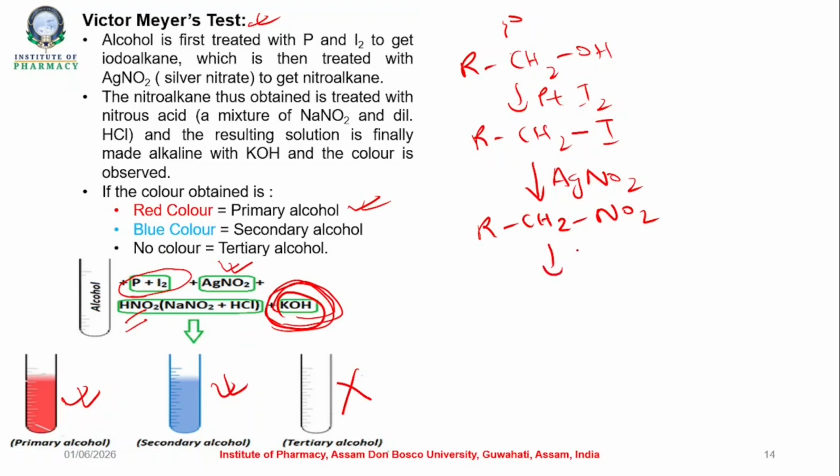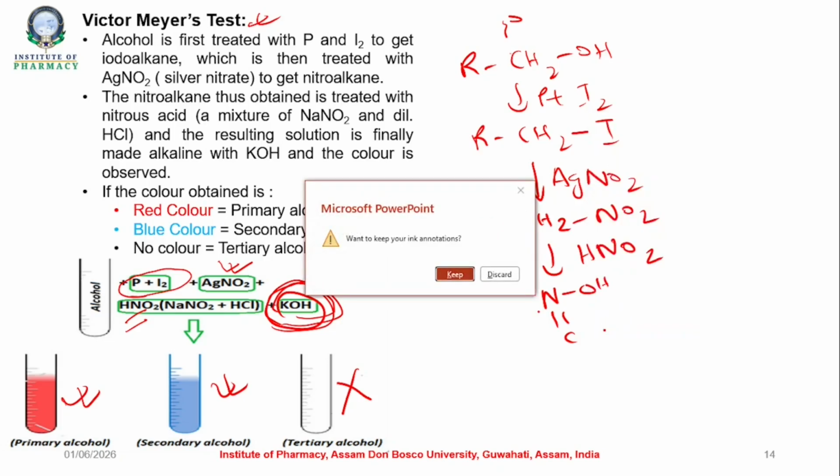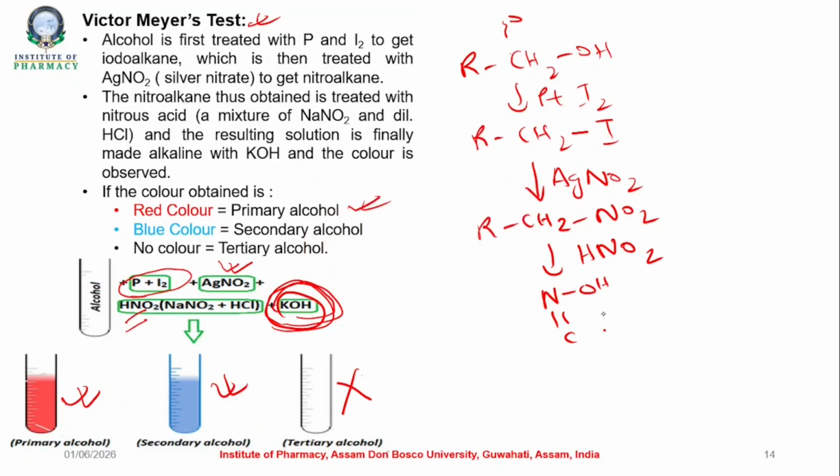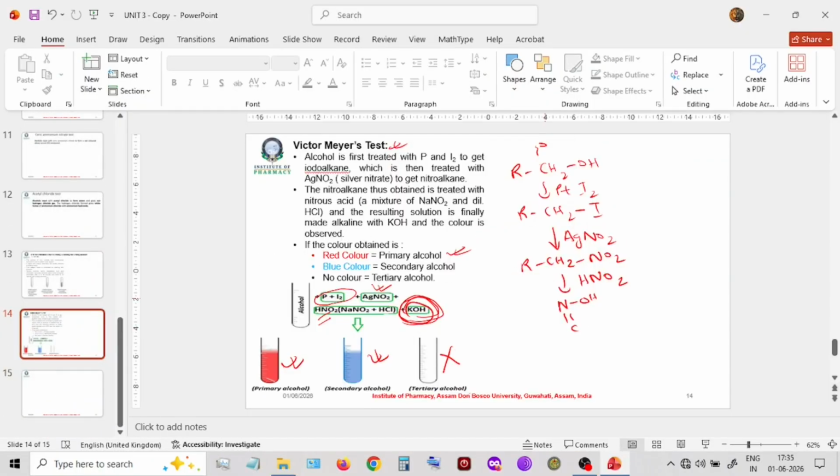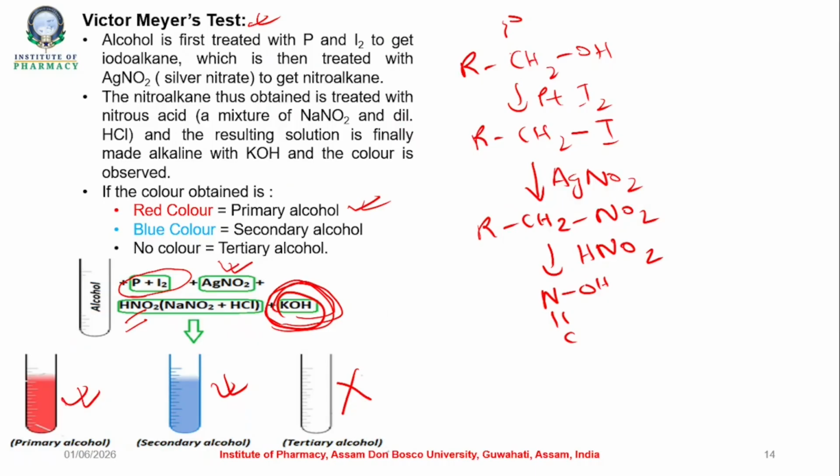Now this nitroalkane is again treated with nitrous acid, HNO2, and then we get our nitrolic acid here. This is NO2.